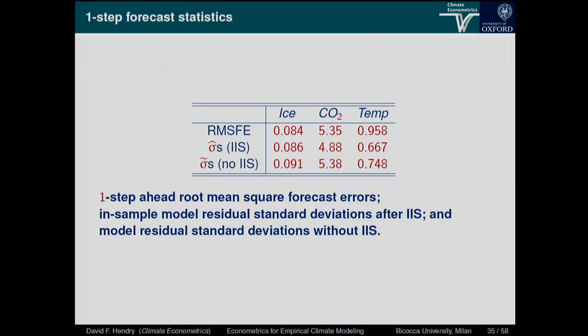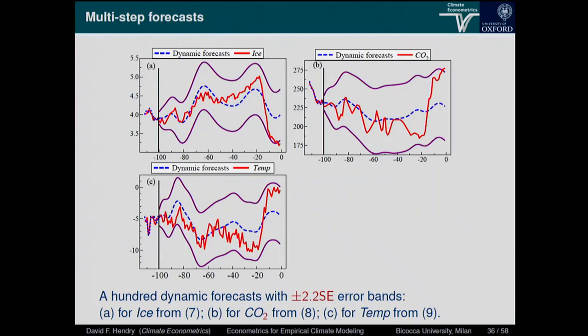The root mean squared forecast errors for ice are smaller than those for the fitted equation for ice, even although we're going 100 observations out afterwards. They're slightly bigger for CO2, but they're smaller than if you'd done CO2 without indicators, but they're definitely bigger for temperature.